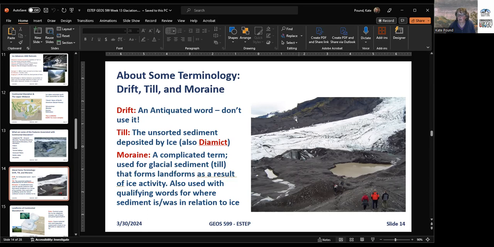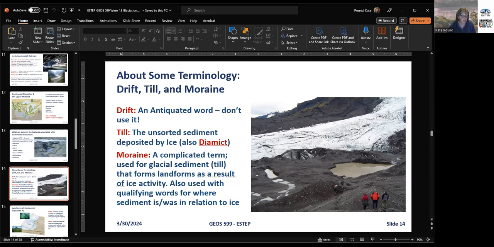The image on the right here shows the remains of, or we're very close to the front of, a glacier. And here, once again, we've got a whole load of frozen sand and gravel.